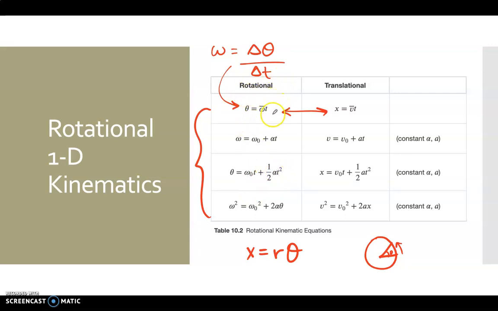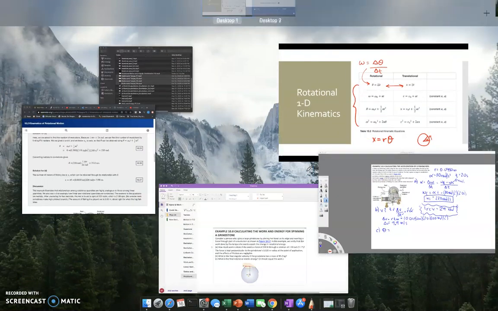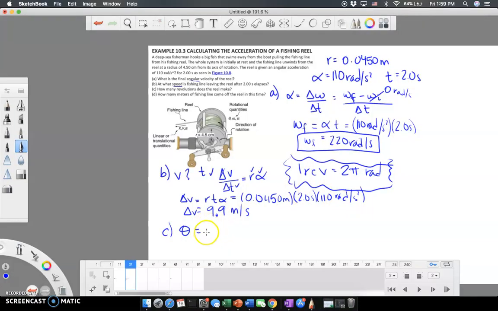And this one, we may have that one, but I think this one would be a good one to choose. So let's go ahead and use this one. So we have theta equals omega naught times t plus 1/2 alpha t squared.